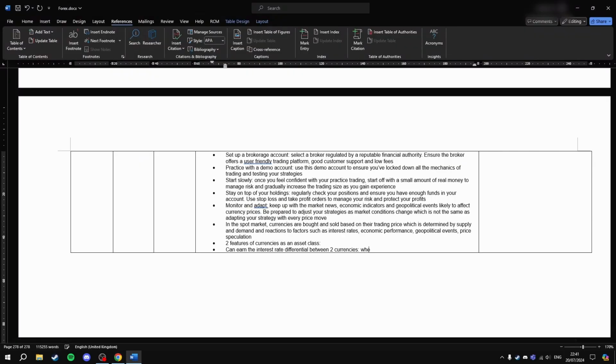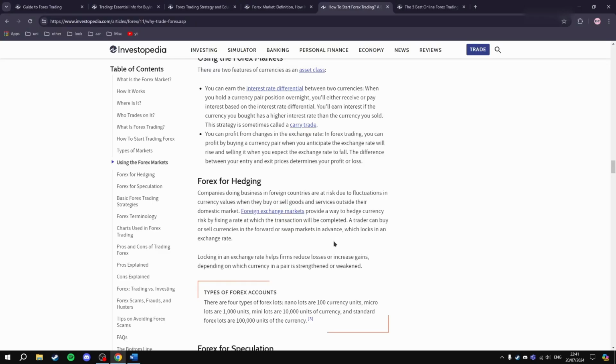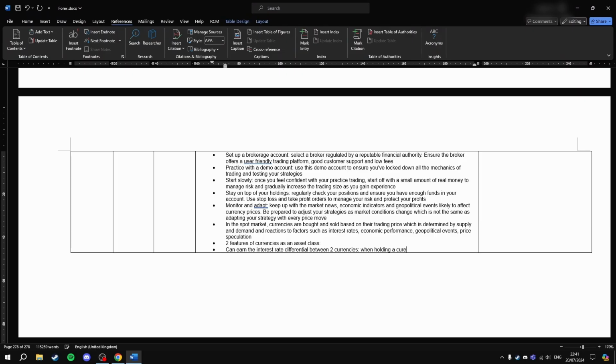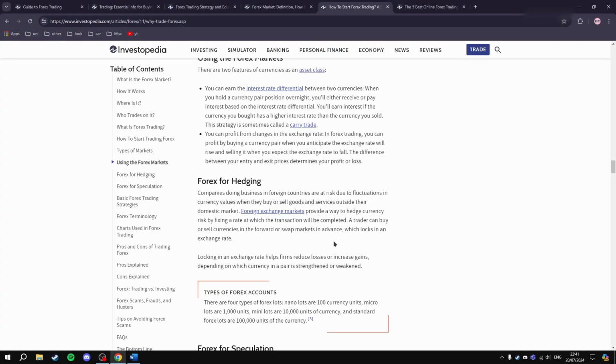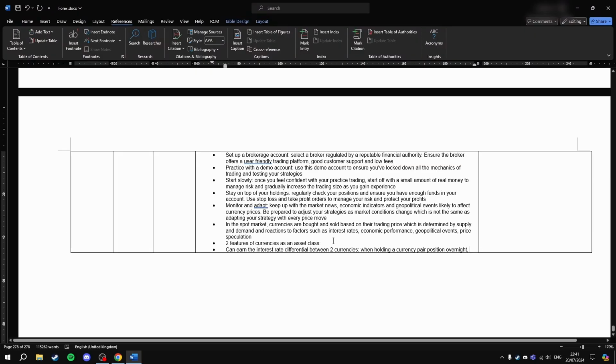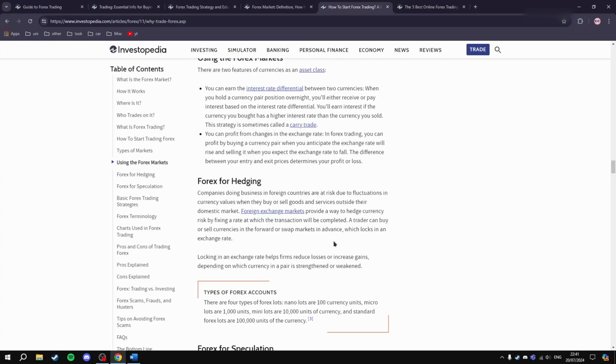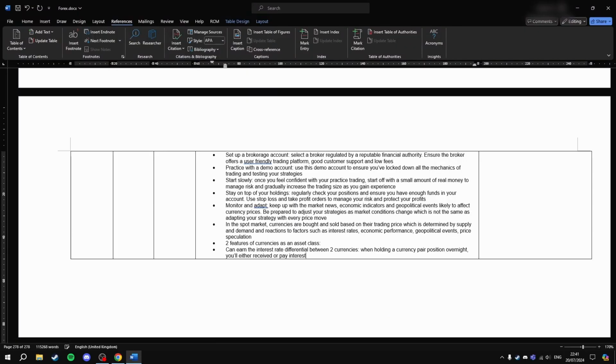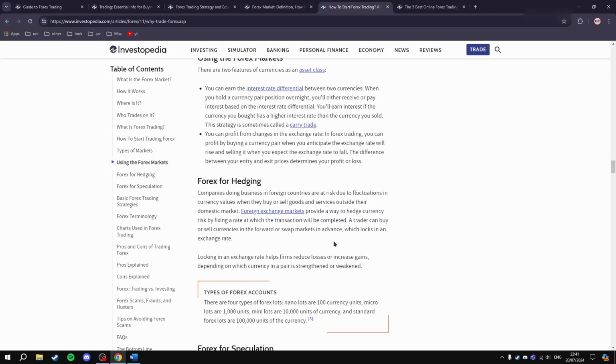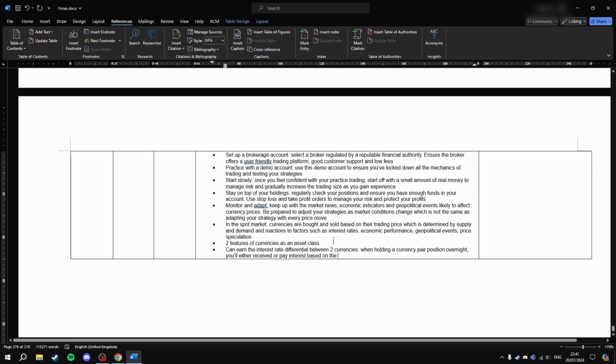So when holding a currency pair position overnight, you'll either receive or pay interest based on the interest rate differential.